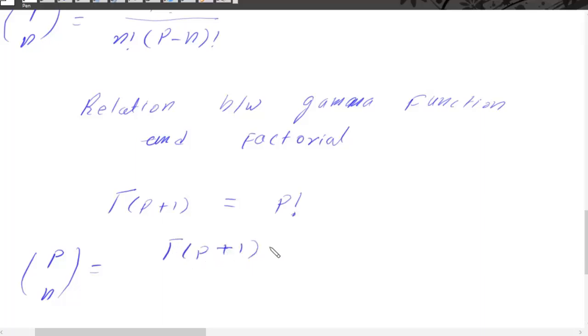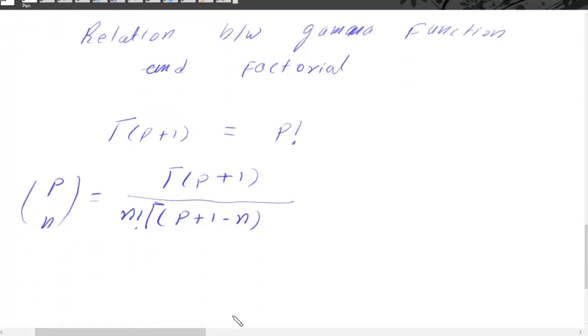Okay, here we put the value of p factorial, divided by n factorial, and here we put the value of gamma of p plus 1 in place of p factorial. Okay, then this is equal to the gamma function of p plus 1 minus n.